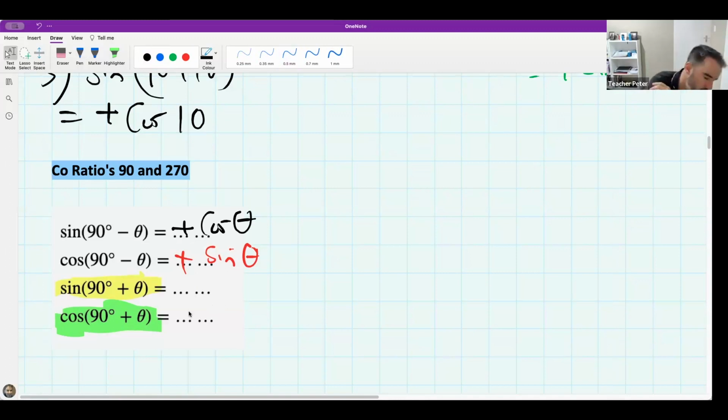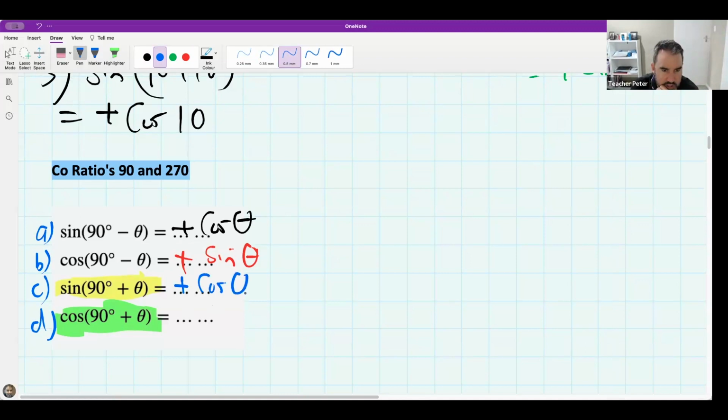What do you get for, we'll call this 1, 2, 3, 4 if you want. Or let's call it A, B, C, D. So C and D are what I'm asking you to help with. This is in quadrant 2 where sine is positive. And so that would be plus cos theta.